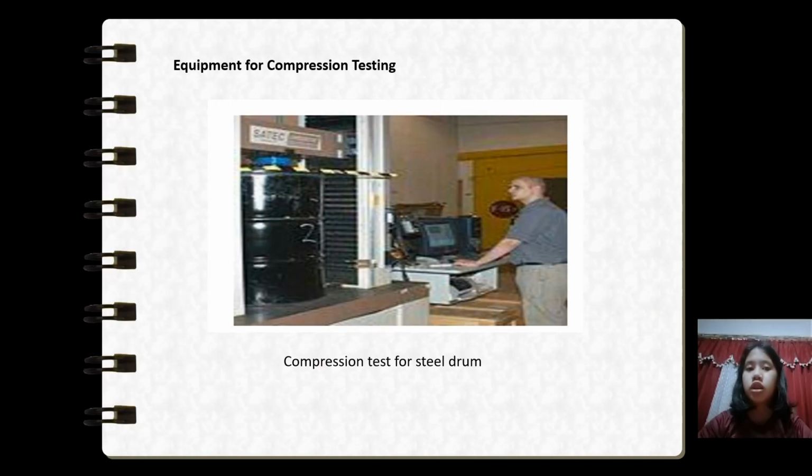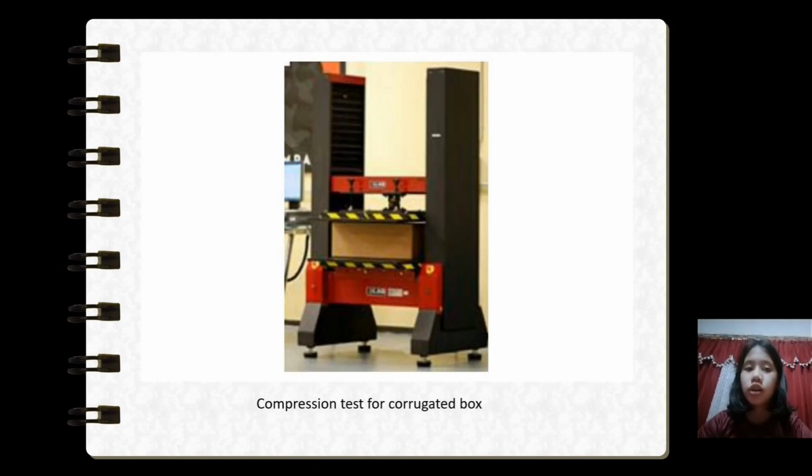So this is an example of equipment used for compression testing. The steel drum is undergoing a compression test as shown in the figure. This is also an example of compression testing, where the corrugated box is being compressed by the compression test machine.